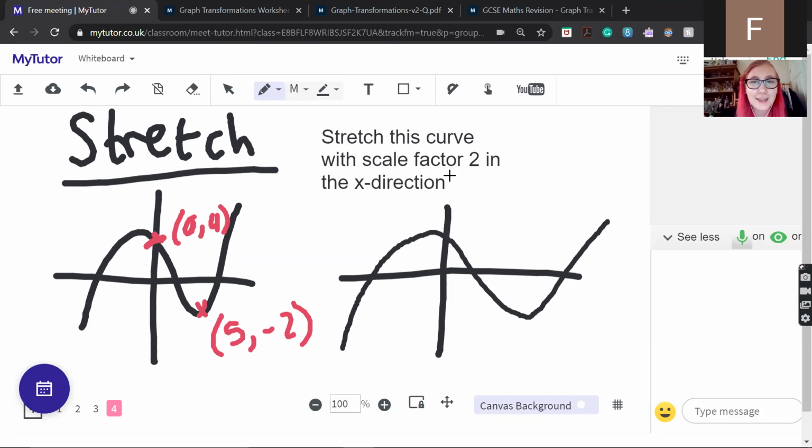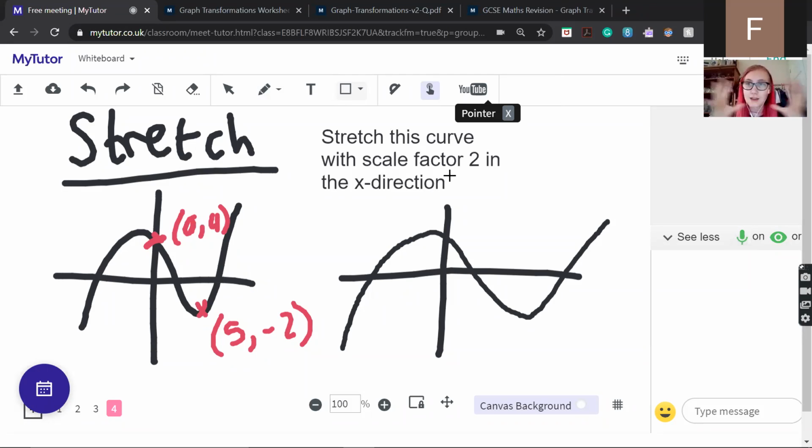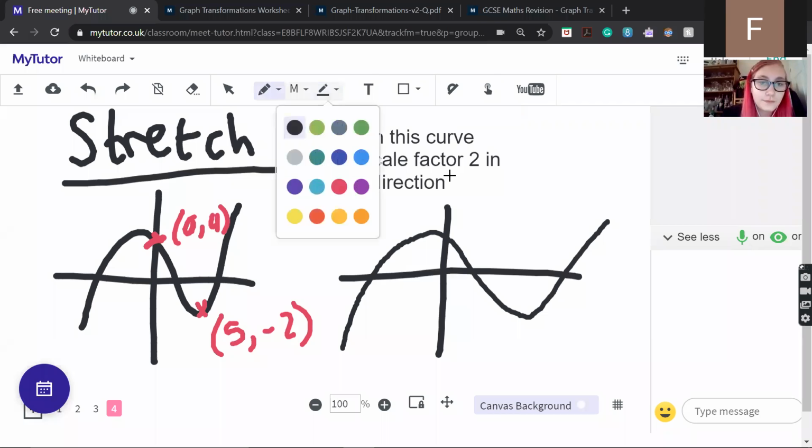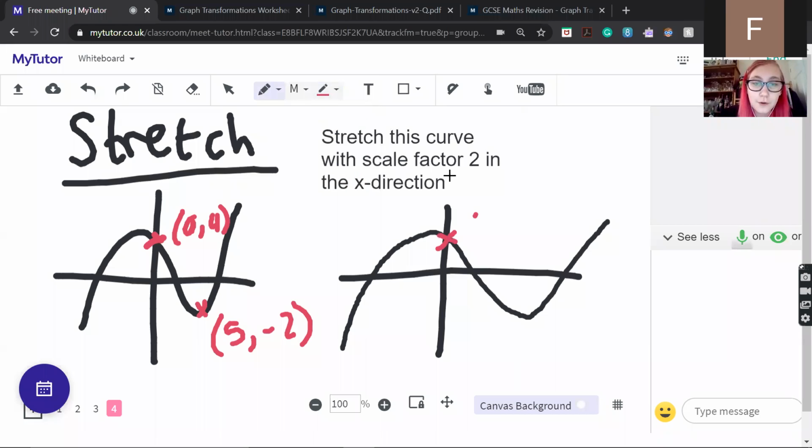Everything in the y direction has stayed exactly the same, and everything in our x direction has gone a bit further. It's stretched itself out. So all of our x coordinates are being multiplied by 2. That makes sense. It's gone twice as far. Everything has leapt out. That means that this point is still (0, 4).